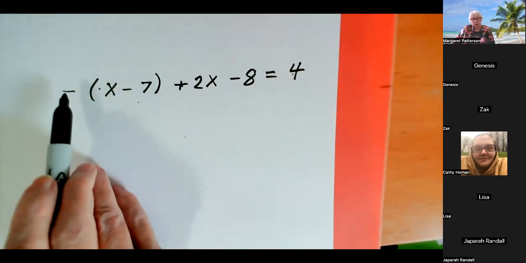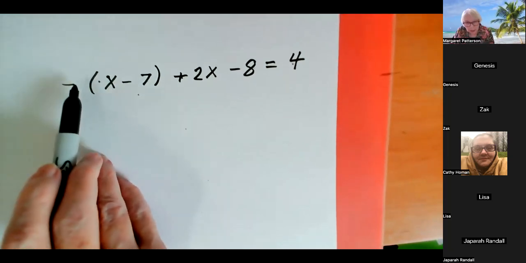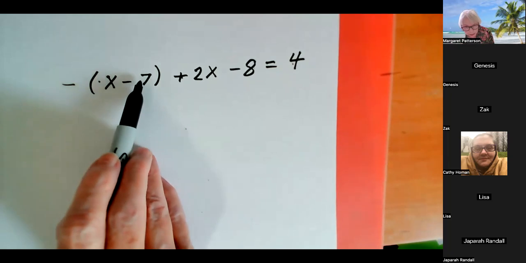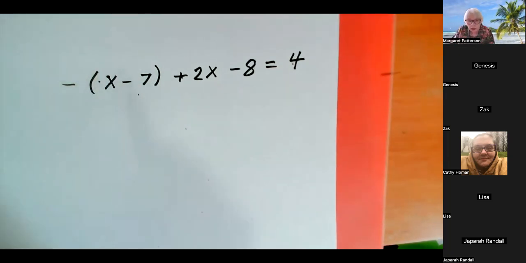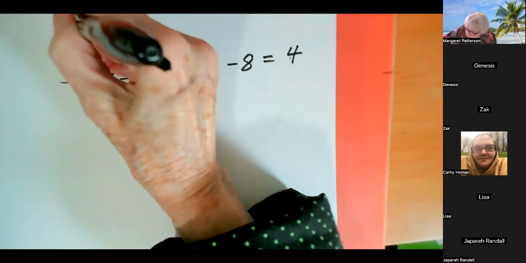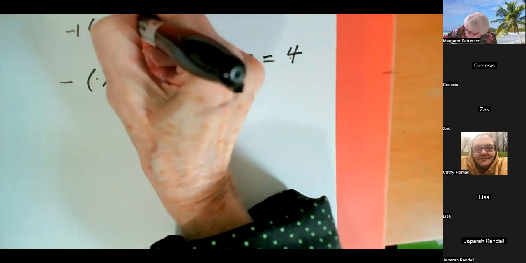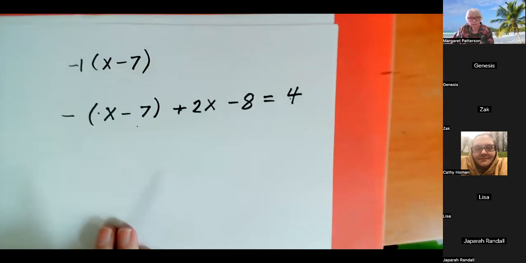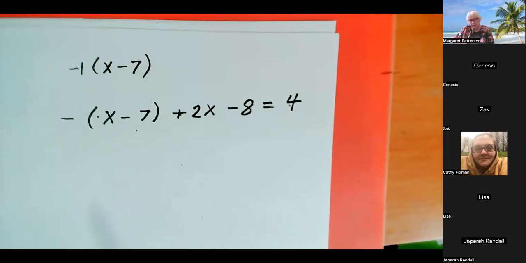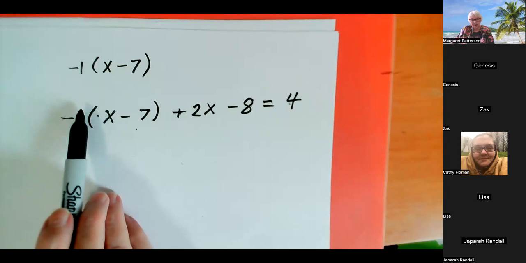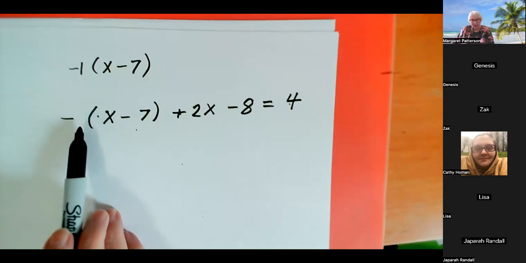And so this is one way to see it, is you're taking the opposite of every one of the things in the parentheses. You could also see it as multiplying by -1. If that makes it clearer what's happening, then drop a 1. Notice I even left a space here just in case.